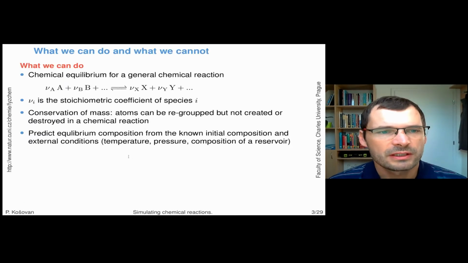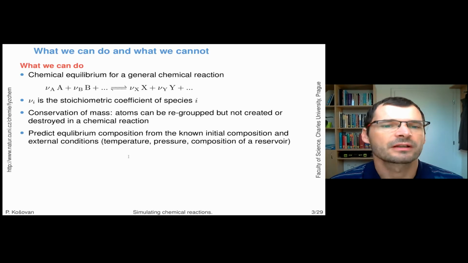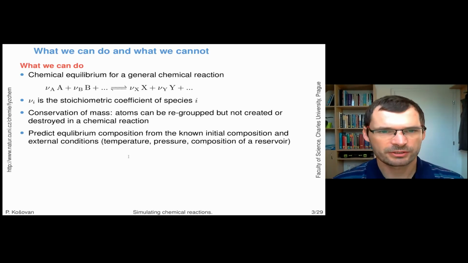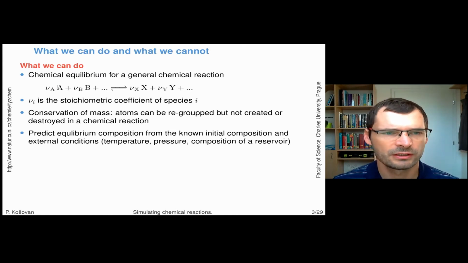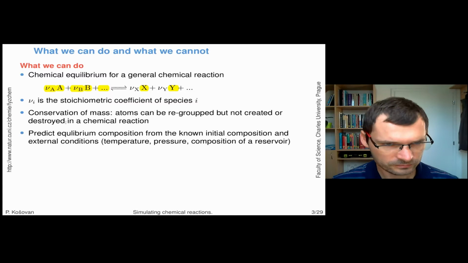I would like to start with describing what we can actually do when simulating chemical reaction equilibria in ESPResSo. And to do that, consider a general chemical reaction as is schematically shown here, where A, B, and some other reactants are turned to products X and Y. And in front of each of these species, we have stoichiometric coefficients denoted by nu.